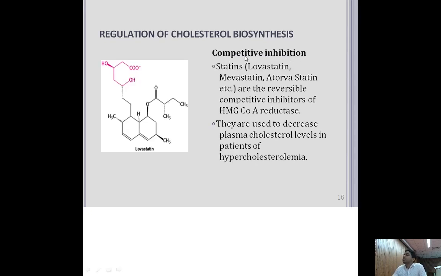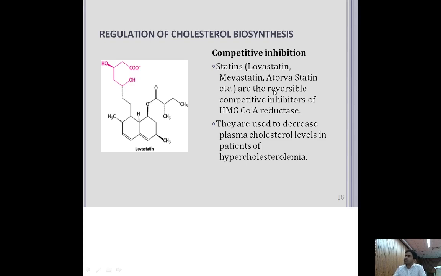So competitive inhibition, normally these are the drugs we use to decrease cholesterol level in the body. What it does, it inhibits the activity of HMG coenzyme A reductase competitively. So it is a competitive inhibitor. So what are those drugs? Those drugs are known as statins.